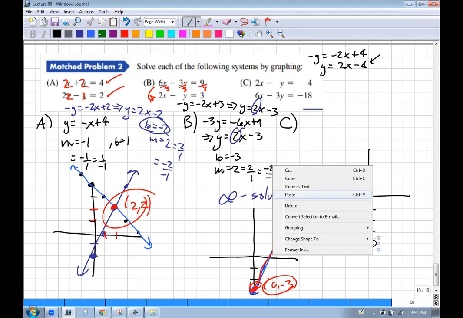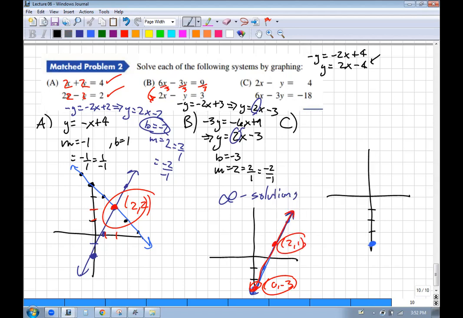I'll make this blue. My slope is 2, the same thing as 2 over 1 or -2 over -1. So I can go up 2, right 1, up 2, right 1, up 2, right 1. There's my first one. Let's look at this second one.